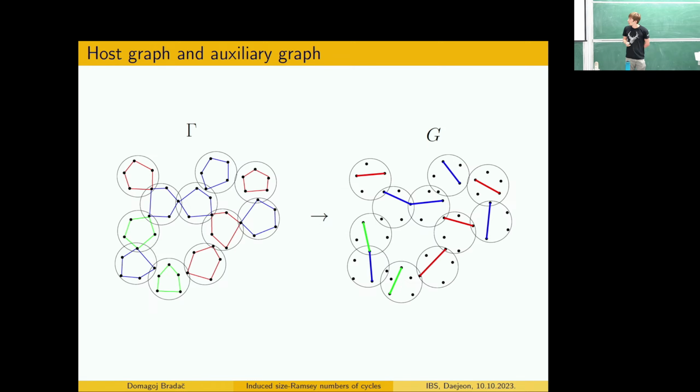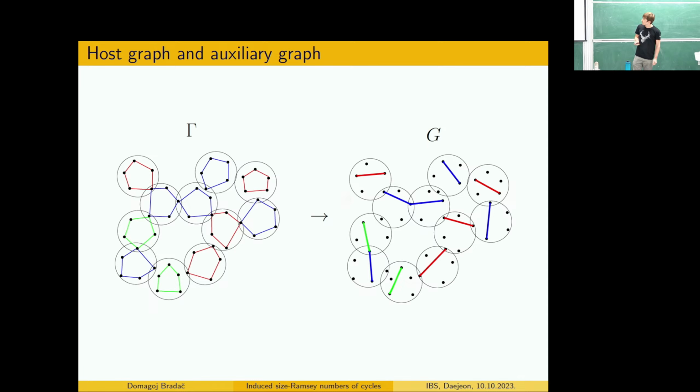Then on this pair you put an edge in the same color to obtain your auxiliary graph G. So for example, in this top left gadget graph, we find a red 5 cycle. We took these 2 vertices and connected them by an edge in the auxiliary graph.